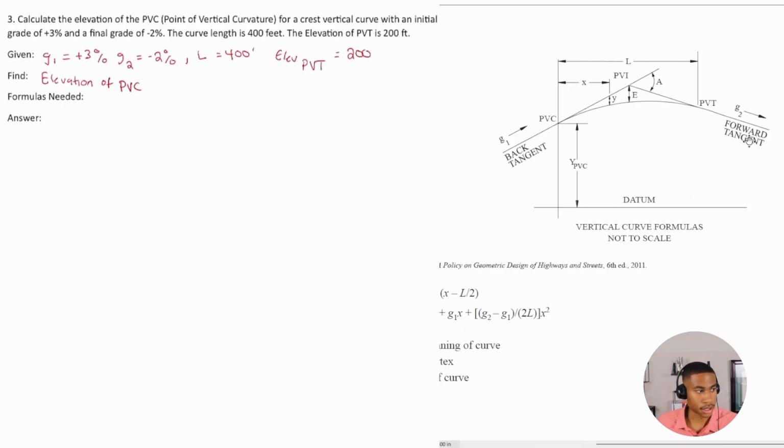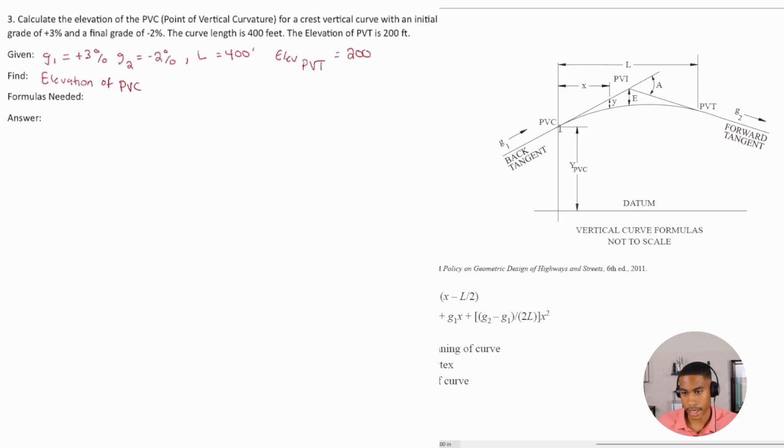And so it's basically just saying that we have the elevation of PVT, which is here, which is 200 feet. It's 200 feet high. And then we also have the length of the curve, which is L, and that's 400 feet.